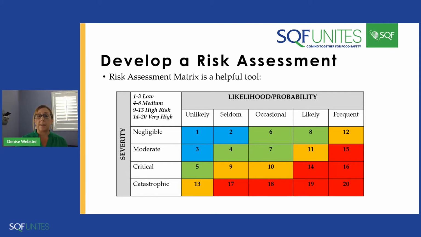We know that that is a likely risk that could occur. We might even say it's frequent, unfortunately, within the industry. These are areas that we need to assess. We then need to look at the severity of that potential recall. What could result in a potential control not being put in place? What is the outcome?